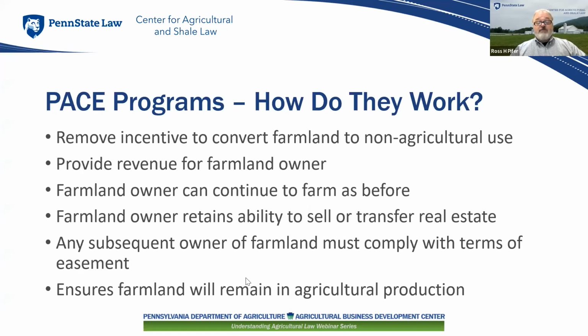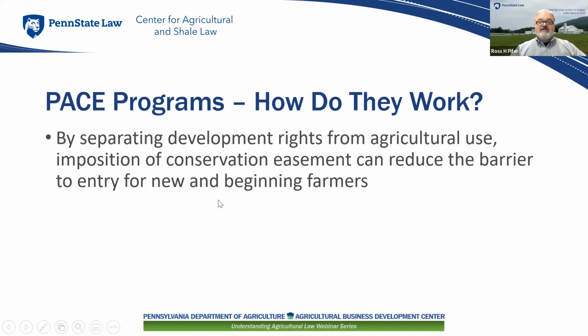So a lot of farmers say, well, I want this land to always remain in farming, and through these purchase of ag conservation easement programs, legally that's required. So any subsequent owner is going to be bound by the restrictions in that easement. We're essentially separating the development rights, so that the land can be used for agricultural use, but it can't be developed.